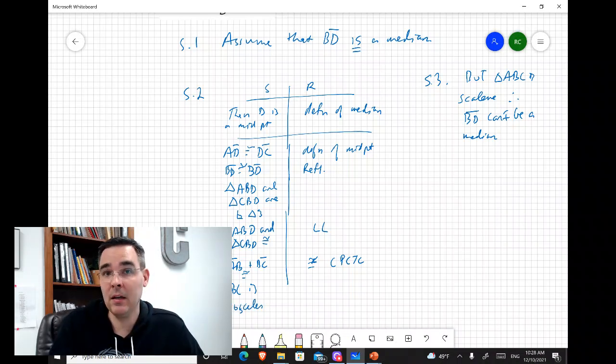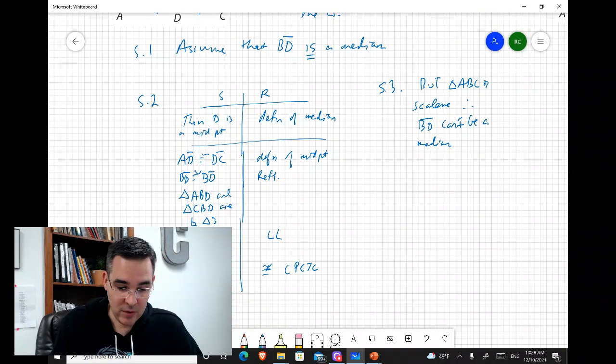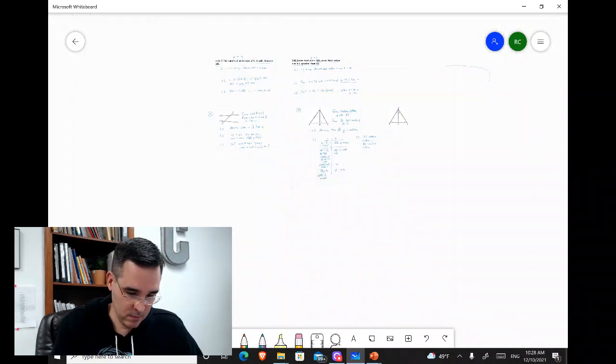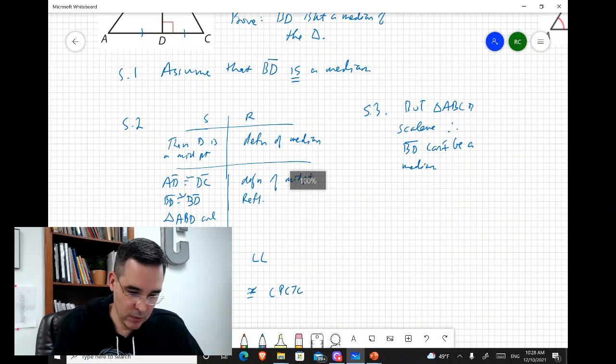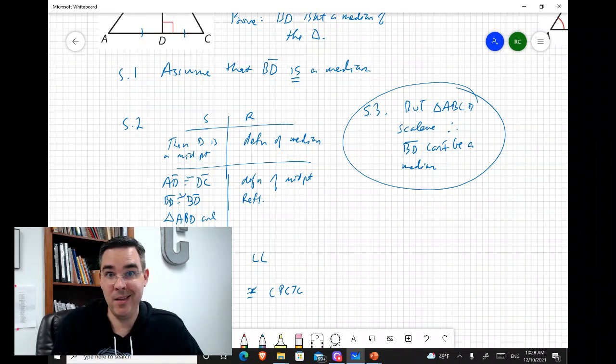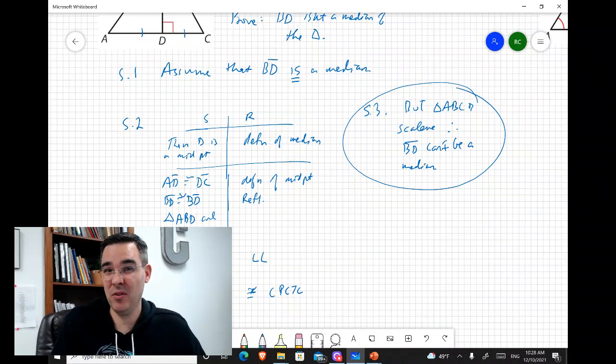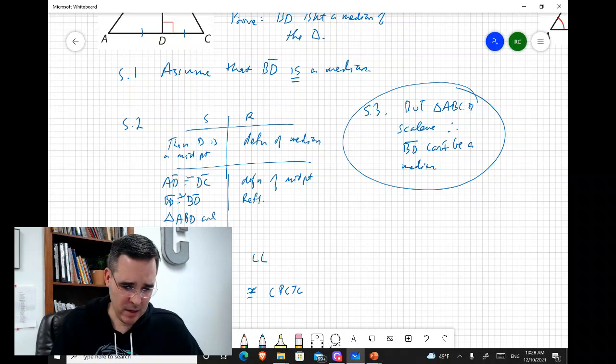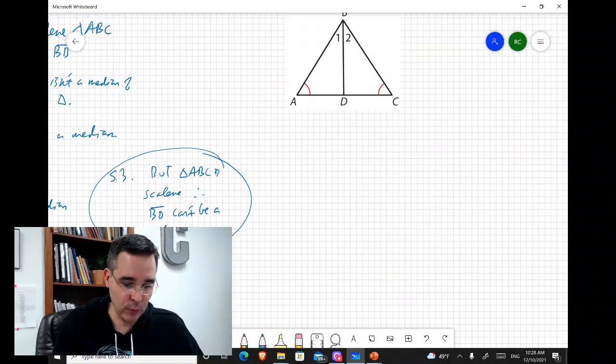I reason to that conclusion based upon this assumption, and then in my third statement, I see that my conclusion in statement 2 contradicts a given, therefore my original assumption has to be wrong. This is just another example of an indirect proof.